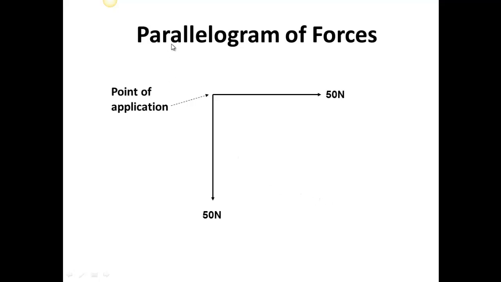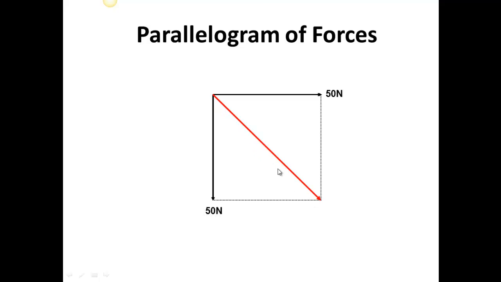And we use what's called a parallelogram of forces to find that resultant. We draw a line parallel to this force, the same length, and then we draw a second line parallel to this force, again the same length. And then from this corner to this corner is our resultant. If you look, that forms a triangle where this is the hypotenuse.